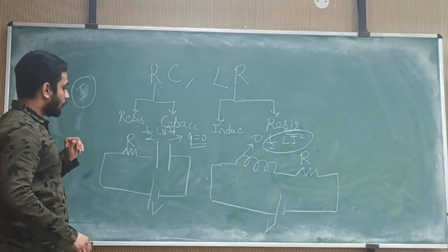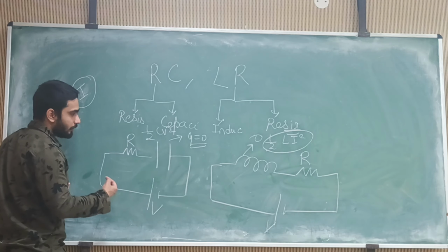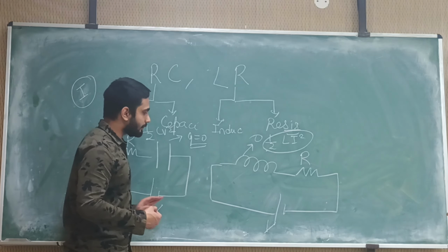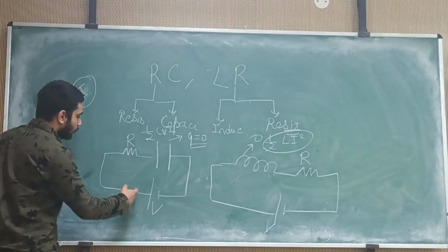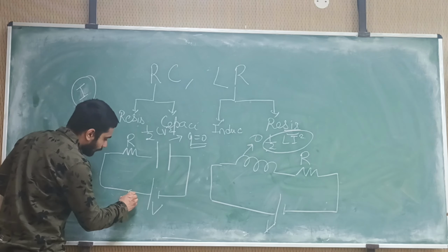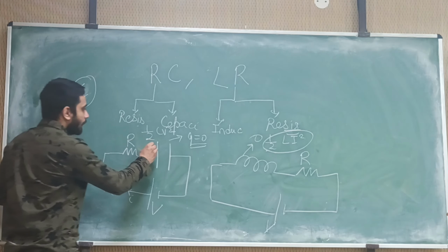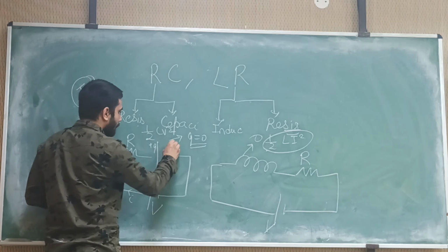So what is the difference between the two in the initial stage? In the RC circuit, the current will flow like this, with the positive terminal holding plus Q charge and the other plate minus Q charge.